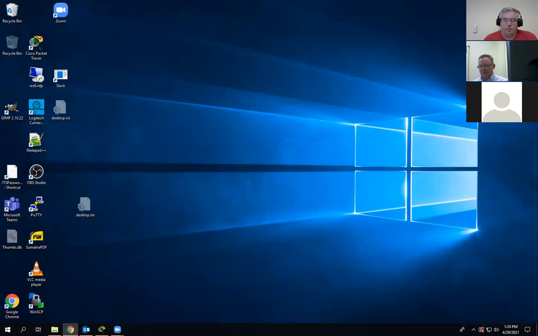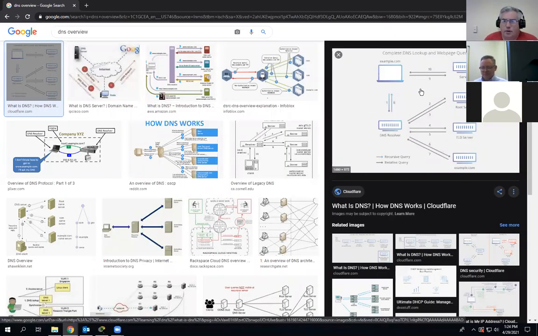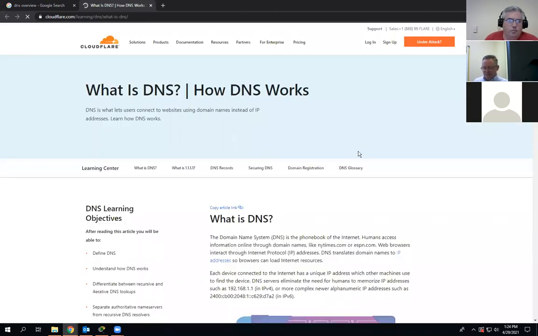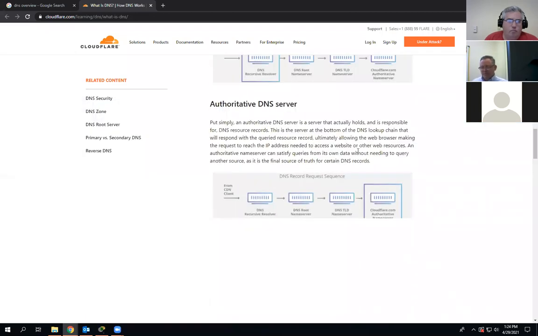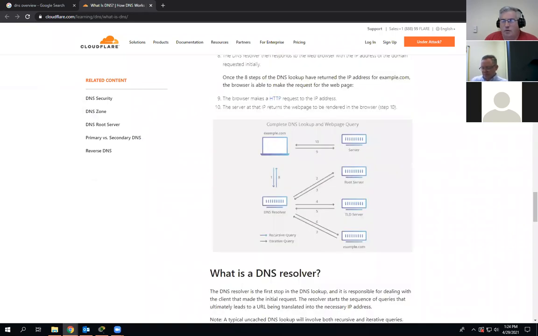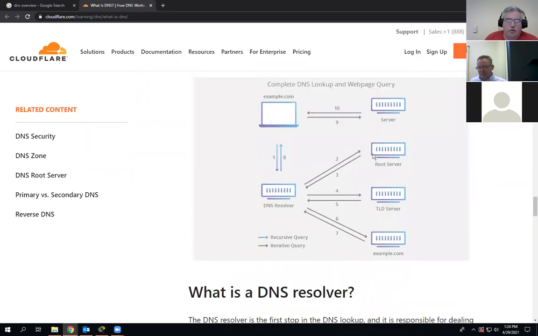All right, so the way DNS works, this is a good picture here. There we go. Okay, so let's bring this a little closer. What happens is your client computer has a DNS server configured on it, and usually that'll happen with a DHCP request.